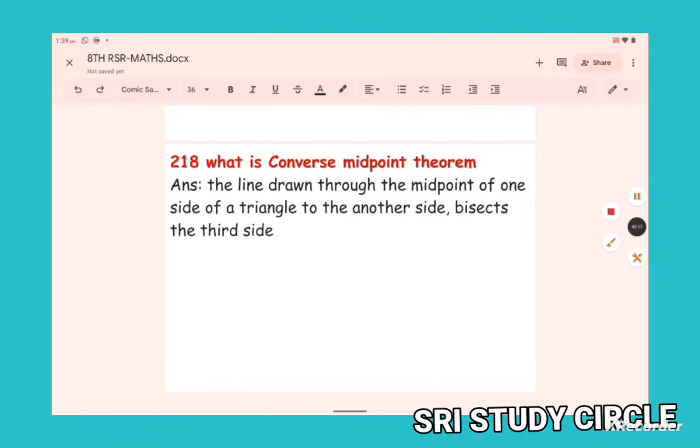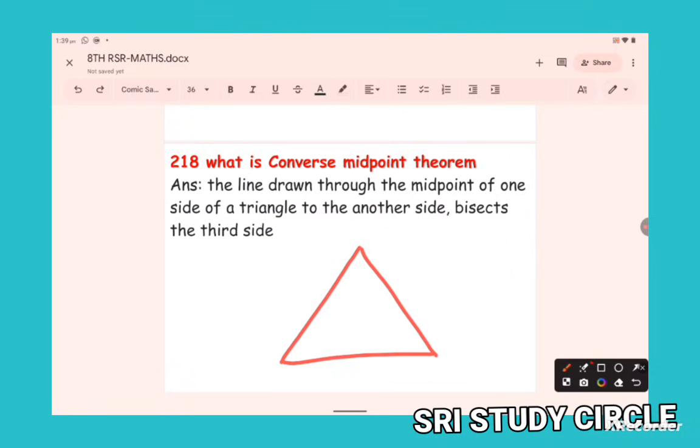Next one, what is the midpoint theorem? Right, a line drawn through the midpoint of one side of a triangle parallel to another side bisects its third side.